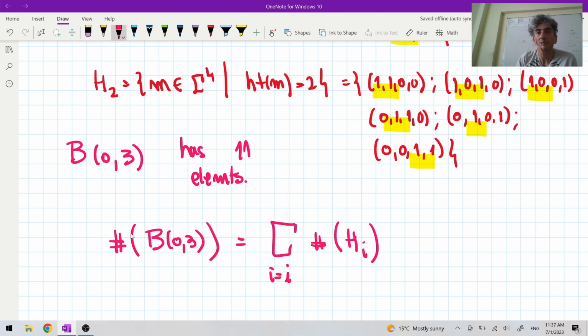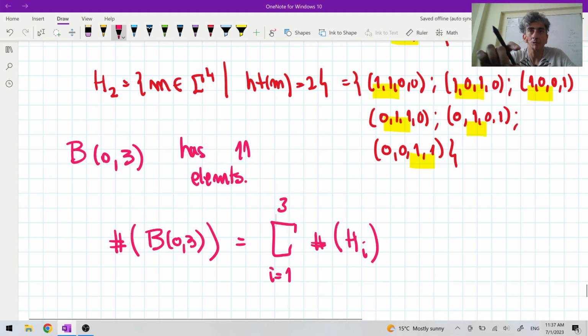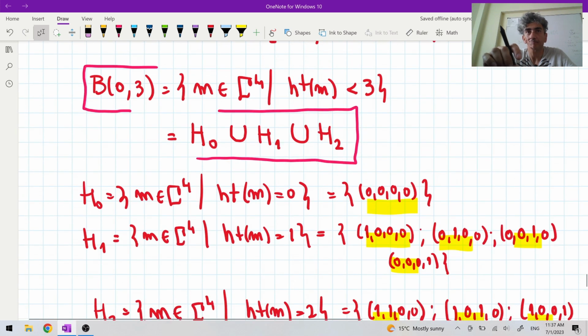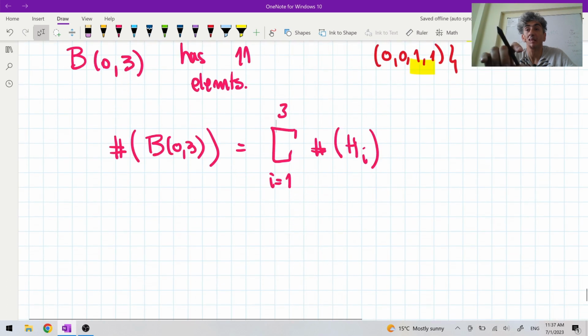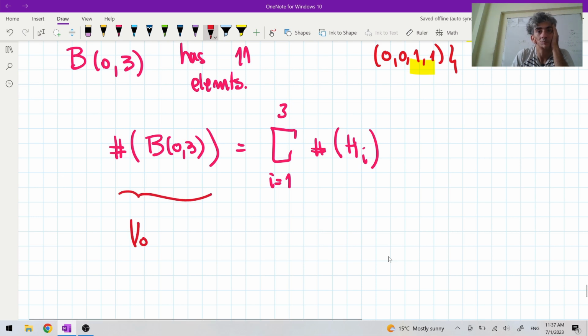So the ball centered at 0 has this bunch of other elements of sigma to the 4th. This is known as the volume of the ball.